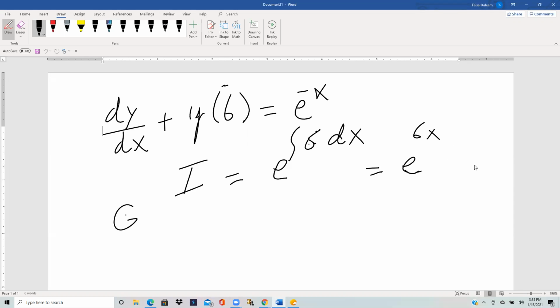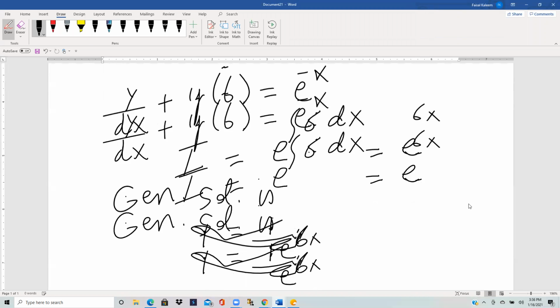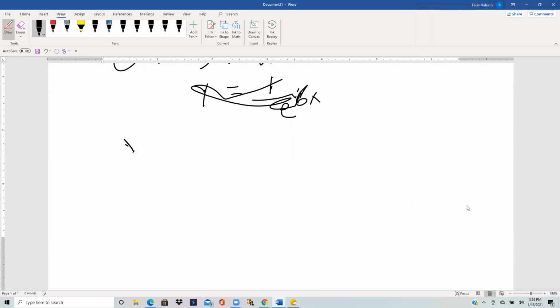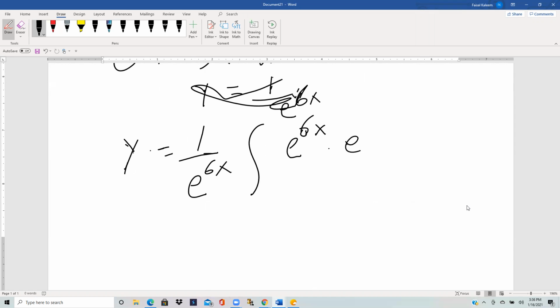So the general solution is y is equal to 1 over I. So 1 over e power 6x, times the integral of I times the right hand side, and the right hand side was e power negative x, plus c.